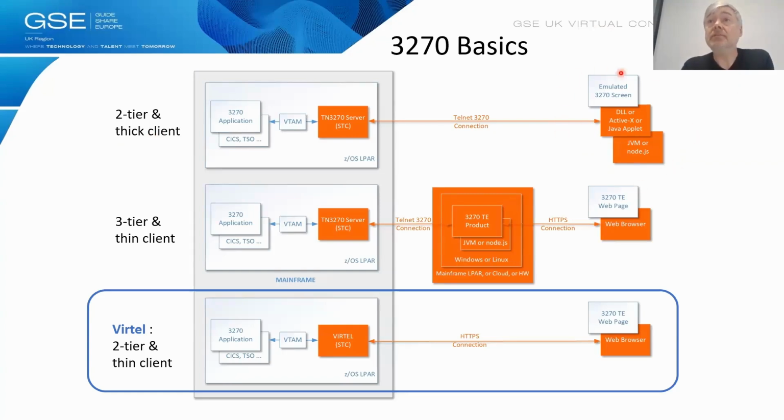So basically, with a 3270 thick client, you have a software product that you install on your Windows desktop or Linux or whatever you use. And this thick client connects in TCP/IP to the TN3270 server, Telnet 3270 server on your z/OS system, and uses what's called the Telnet 3270 network protocol to actually reach this server.